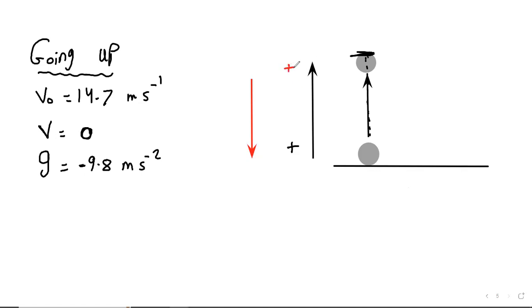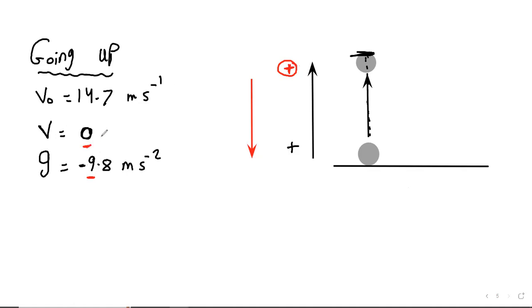So I assume that the positive sense here is upwards, and the effect of the gravity is downwards, so it will be negative. The body is decelerating at negative 9.8 meter per second per second. So it's not acceleration, it's deceleration.